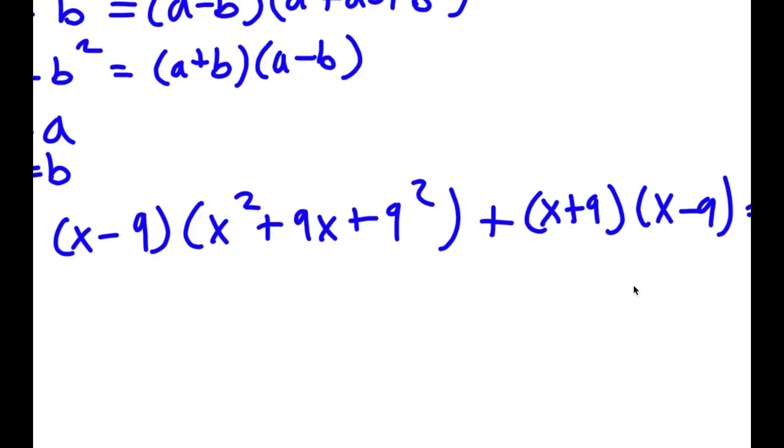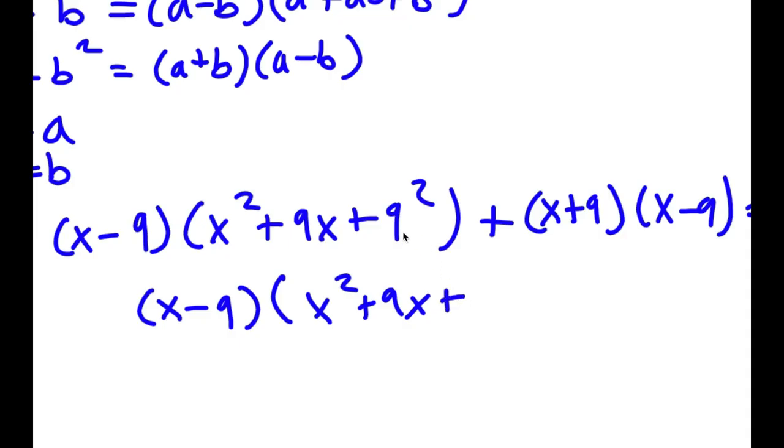So now I am going to factor out x minus 9 from this. So now I have x minus 9 times x squared plus 9x plus 9 squared, which is 81, plus x plus 9.